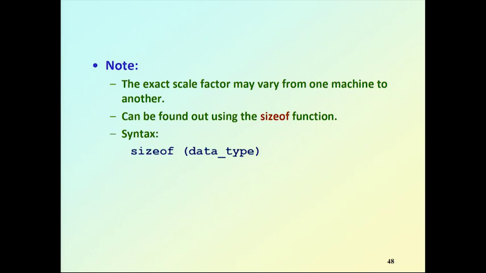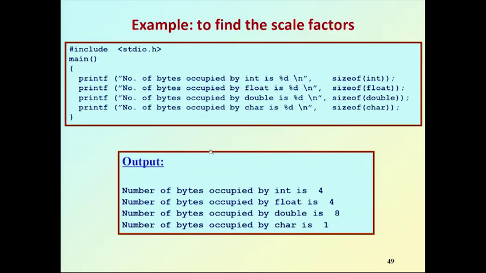Now, the exact scale factor may vary from one machine to another. Repeatedly we say, it depends on the compiler, and it can be found using the sizeof function. The sizeof a data type gives how many bytes will be required.